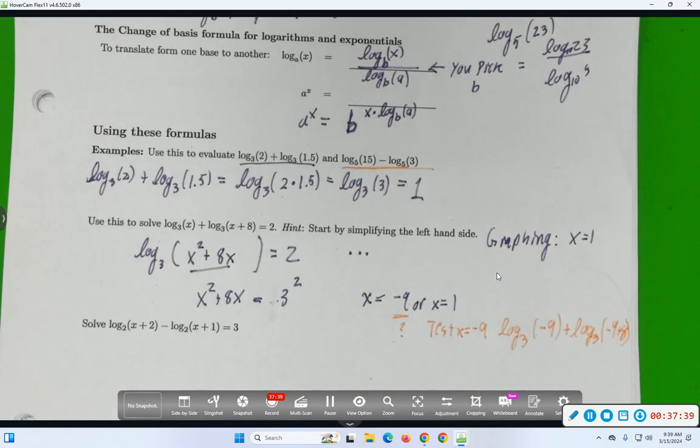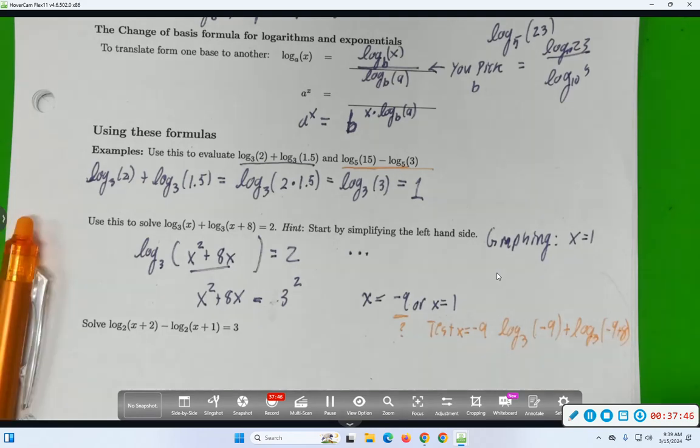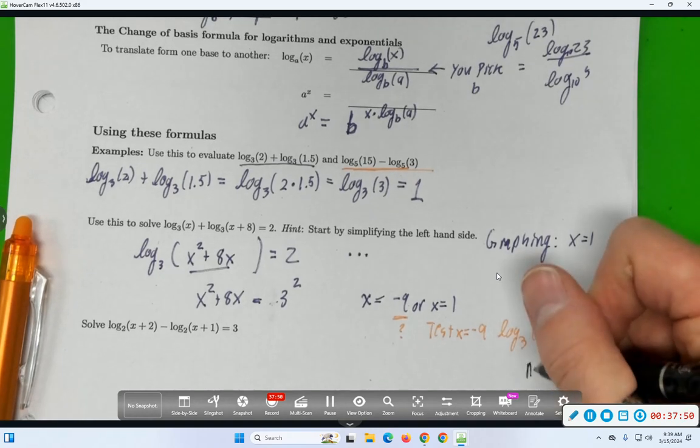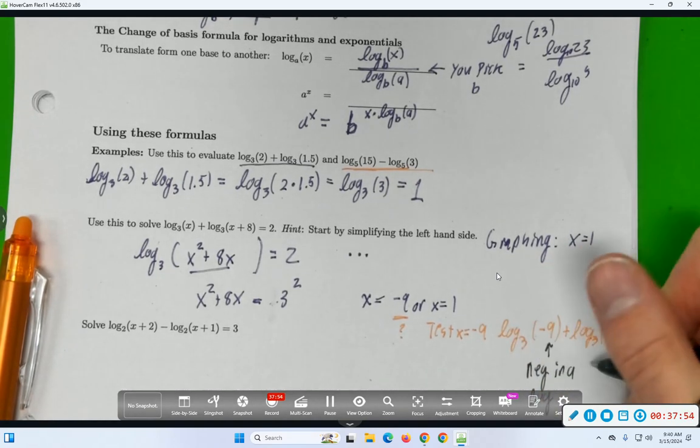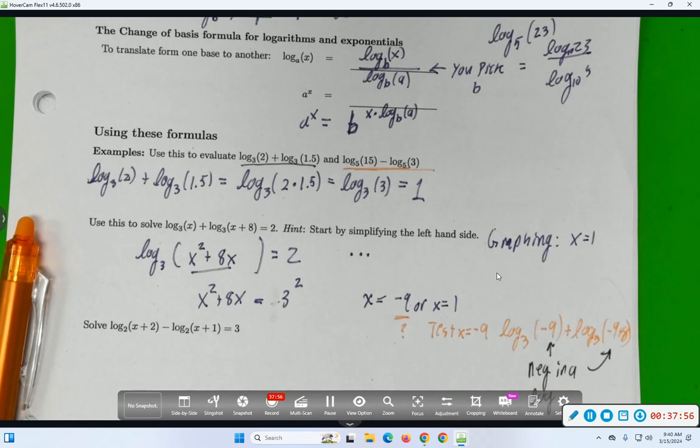Is there anything bad about that? Oh, negative. Yeah, that's a negative inside of a log. And -9 plus 8 is also negative. I see two negatives inside of logarithms, that's bad. That expression doesn't make sense.